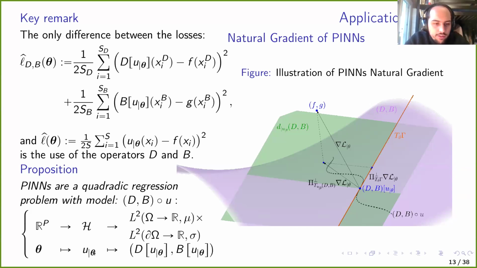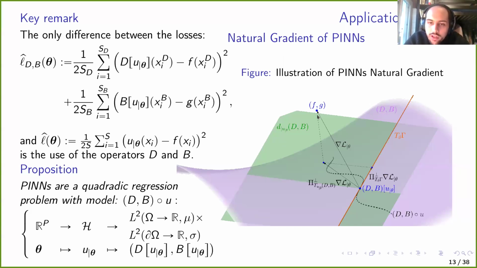First we have some neural network, but after applying the PDE and the boundary conditions, we get a function that is in L2 on omega and L2 on the boundary, but this is essentially just another L2 space with respect to omega times d omega. And so we can reuse all the framework we developed before, but on this compound model.